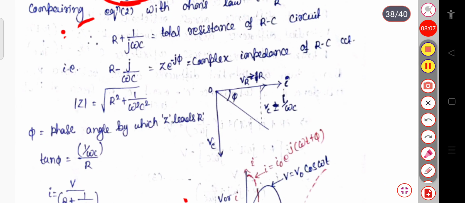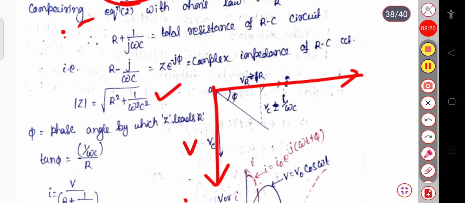Now the modulus of z is equal to the root over of r square plus 1 by omega square c square. Now if I plot the curve between, this is the current, or suppose this is the voltage across the capacitance, and this is the voltage across the resistance.